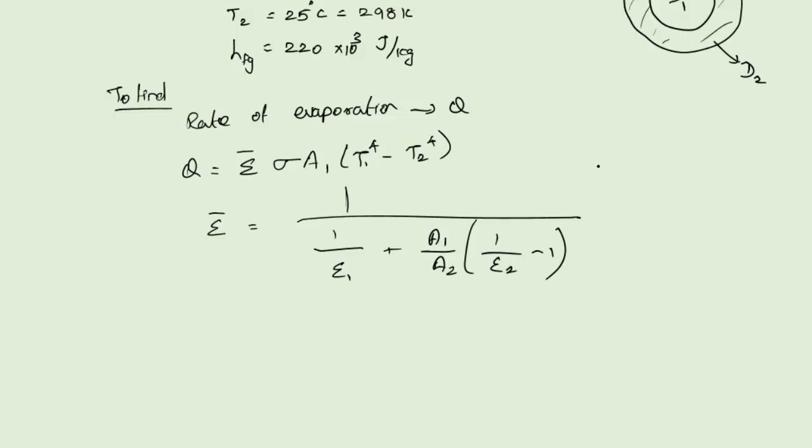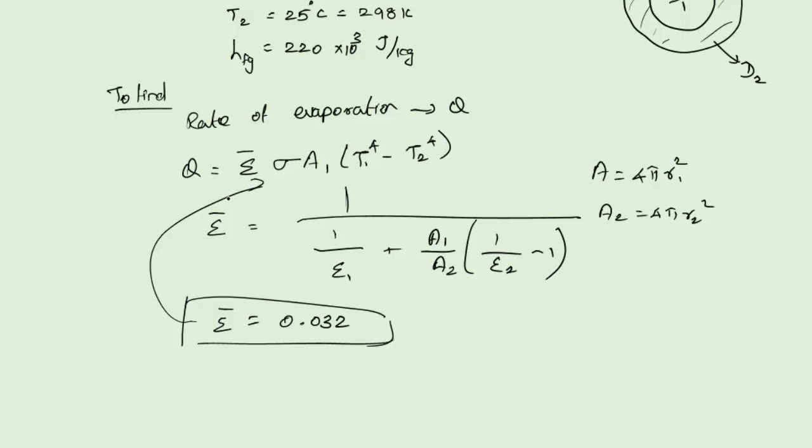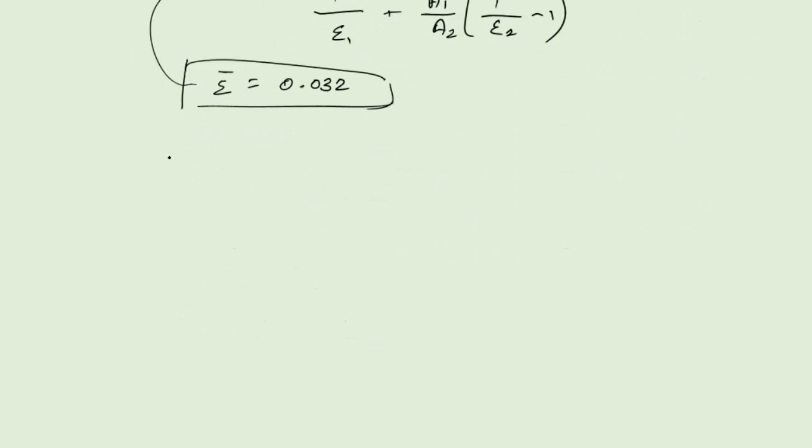Here the area value is 4 pi r squared, right? A1 is 4 pi r1 squared, A2 is 4 pi r2 squared, right? Substitute all the values, you will get epsilon dash as 0.032, okay? This value has to be substituted in this equation in order to get the Q value.